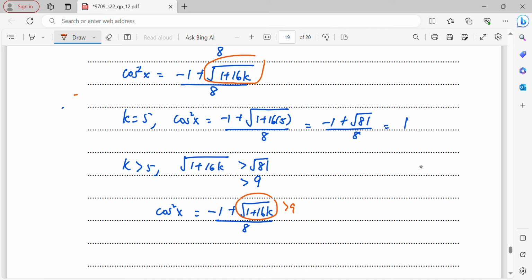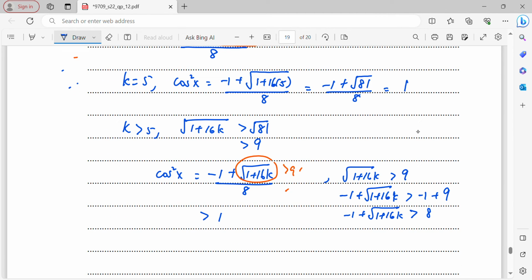So when greater than 8 is divided by 8, it will be greater than 1. Right, square root of 1 plus 16k is greater than 9, so minus 1 plus square root of 1 plus 16k is greater than minus 1 plus 9. Therefore, it's greater than 8. So when greater than 8, you divide by 8, it will be greater than 1. So when cos square x is greater than 1, that is no solution.